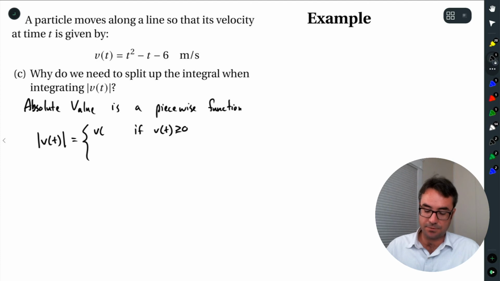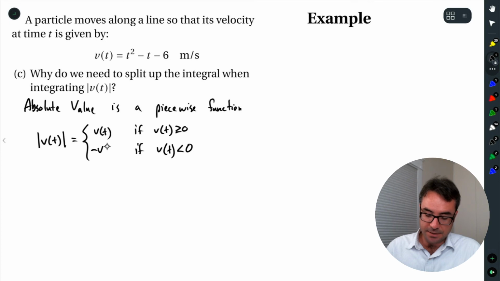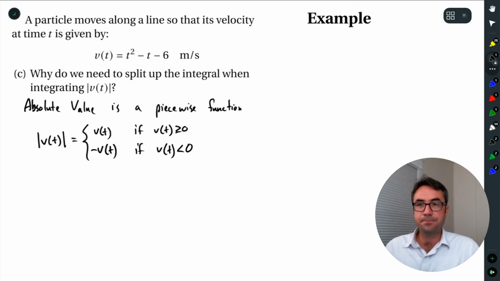It just gives you out the velocity function. So this is the output if this condition is met. Well, what happens if the velocity is negative? What happens if this term inside the absolute value sign is negative? Well, what the absolute value sign does is, in some way, a double negative.